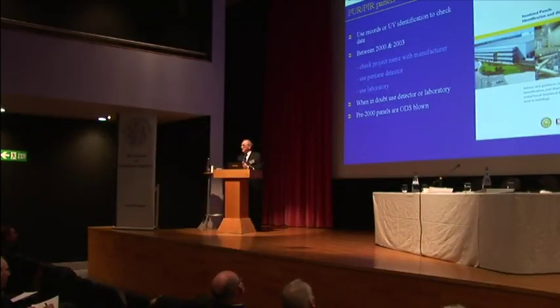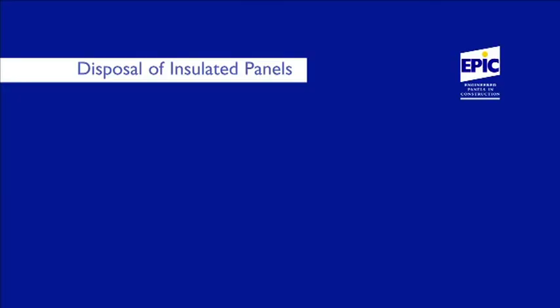What can you do? You can look at records. You can check for pentane. And there are portable pentane detectors, and I'll show you one later on, which are available. Or, as one of your colleagues has done recently, you can actually take a sample and send it to a laboratory, and that will tell you what the blowing agent is.